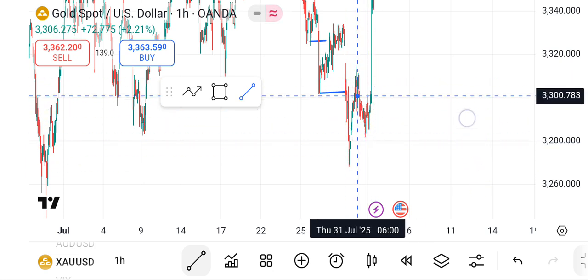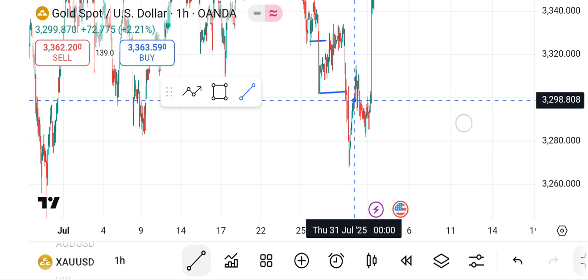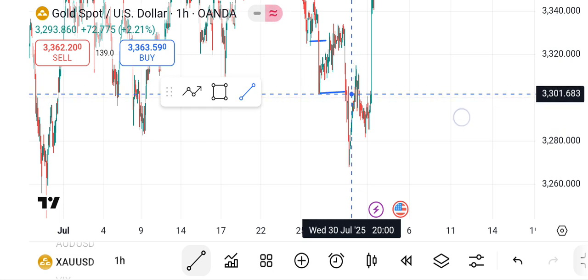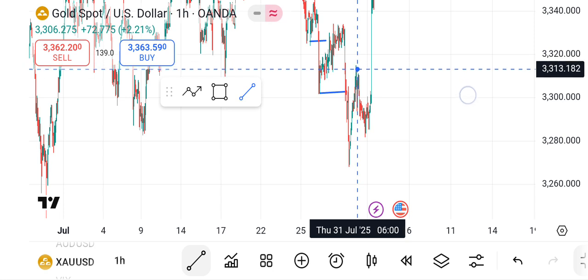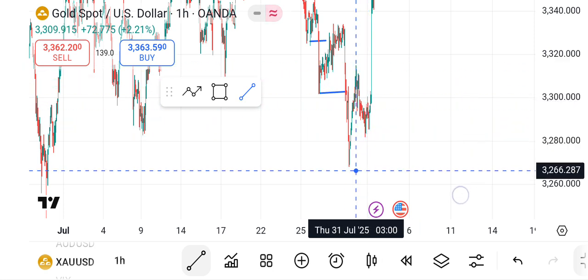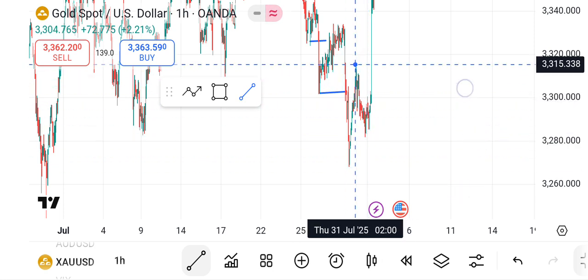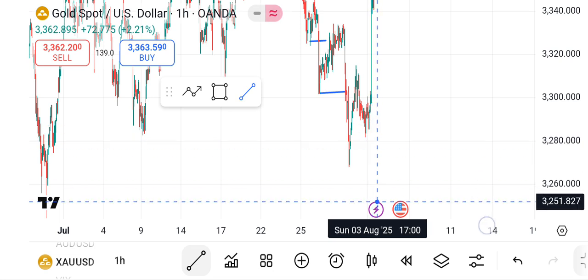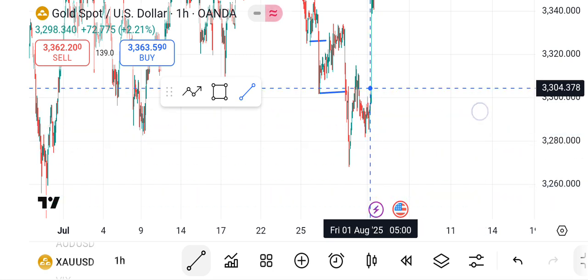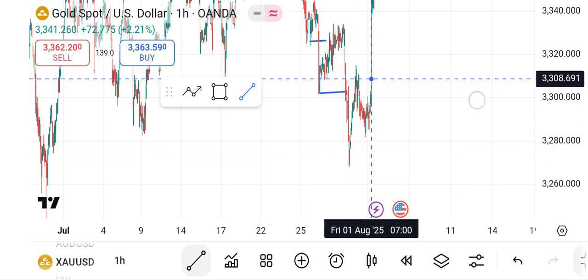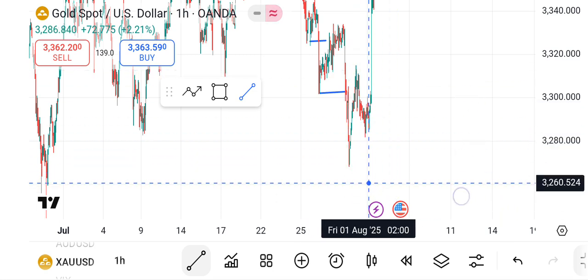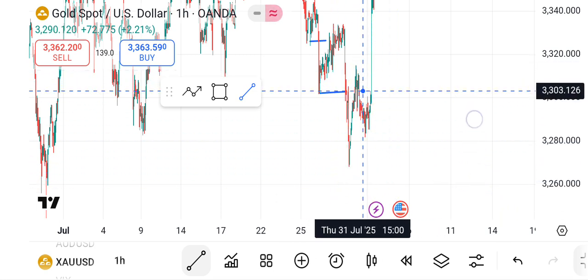So we are not looking at this before there's a significant change of character. Before there's a significant change of character here, price must break the last low in a downtrend. If it just came down like this, we expect it to come back and break this, but instead it just went back up.